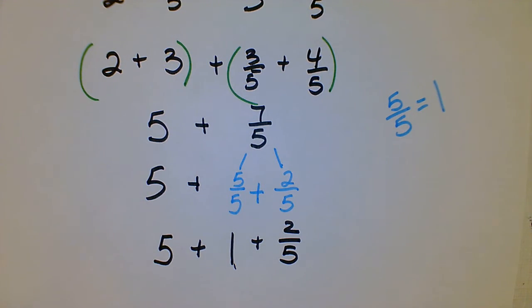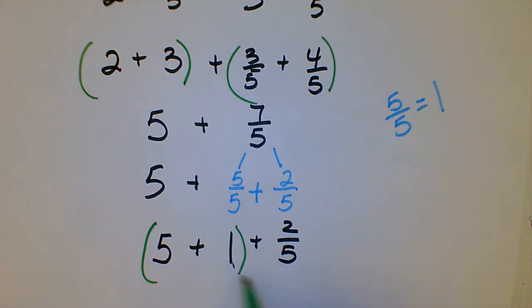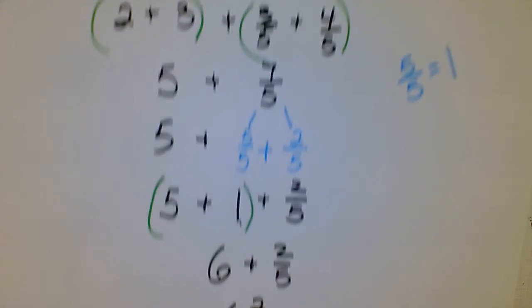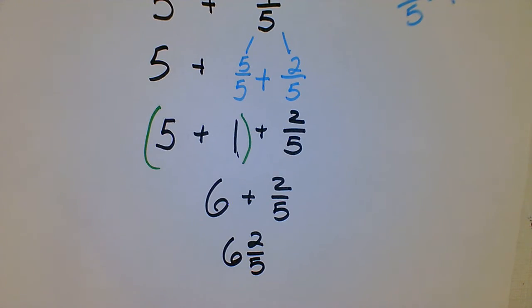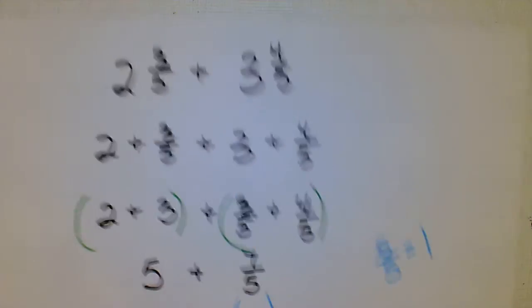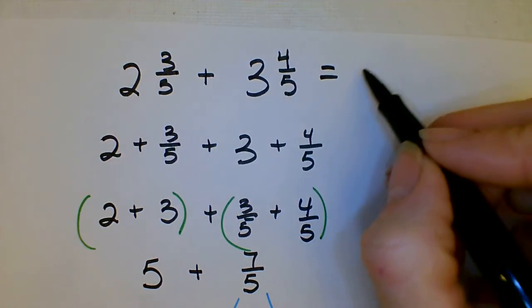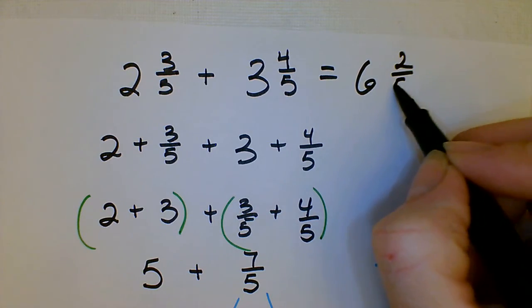And now we can go ahead and group together, we can associate the 5 and the 1 to make 6. And we have 6 plus 2/5, which is just 6 2/5. So there's our answer, and we could go ahead and write that up top, equals 6 2/5.